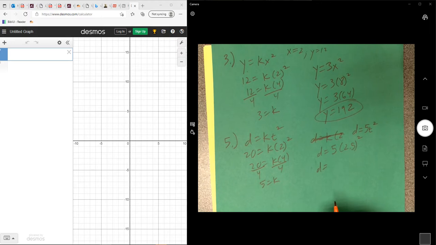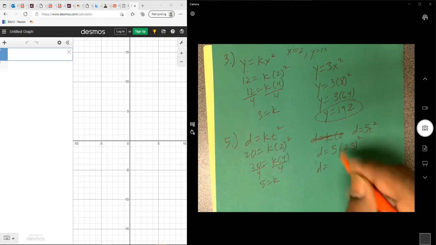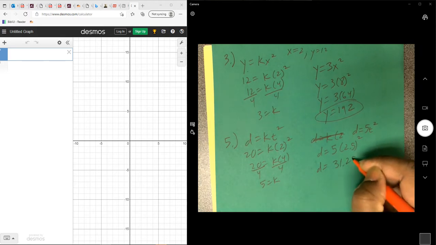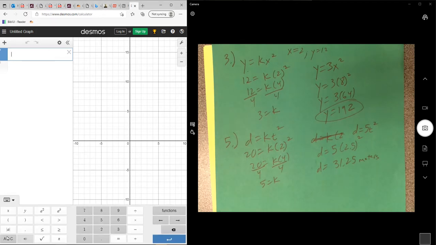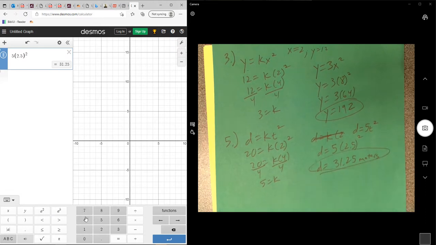Now, when we put this in our calculator here, we will have D is equal to 31.25 meters. Now, I could put that in the calculator real quick so you can actually see it. We will have 5 times 2.5 squared. So that gave us the 31.25 meters.